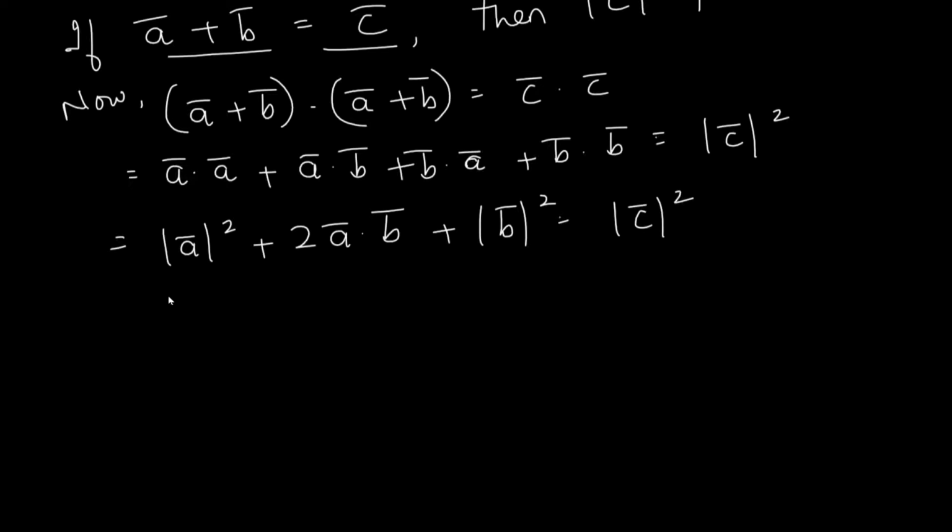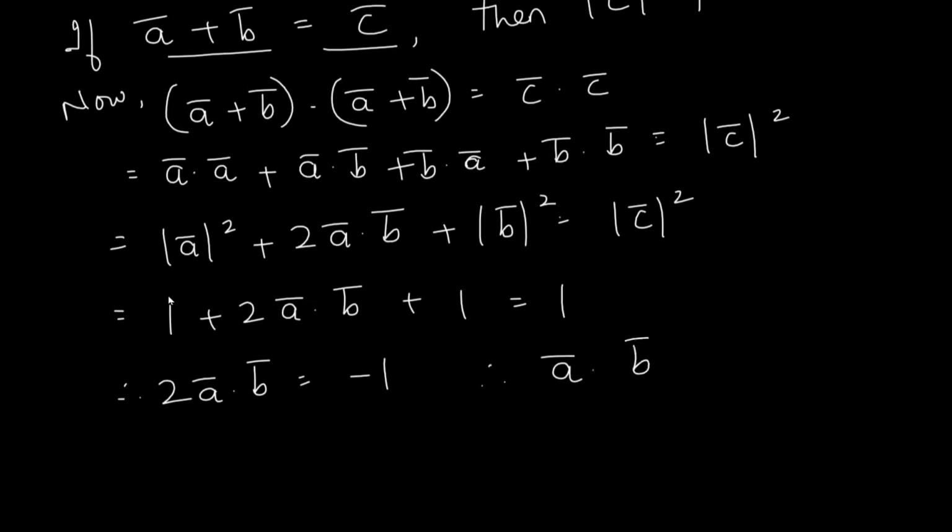Now A, B and C are unit vectors, and therefore mod A square becomes 1. So 1 plus 2A dot B plus mod B square, which is also 1, is equal to mod C square, which is 1. Therefore, solving this, we get 2A dot B is equal to minus 1, and therefore A dot B is equal to minus 1 upon 2.